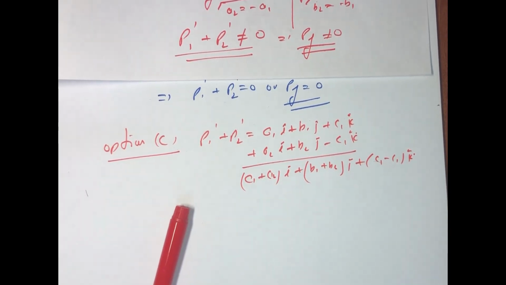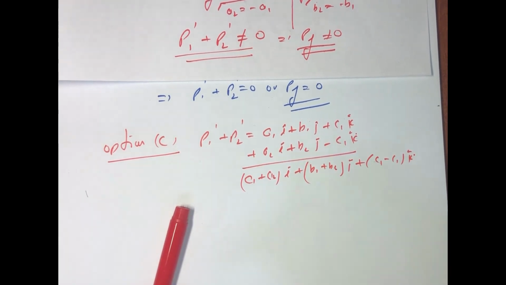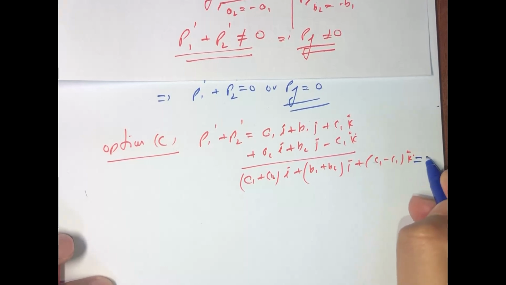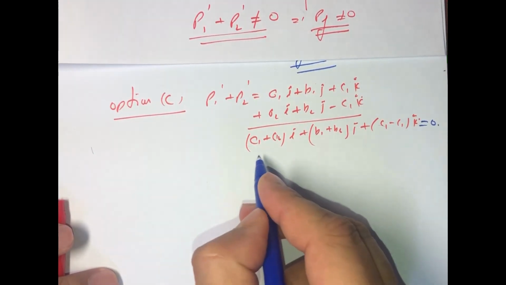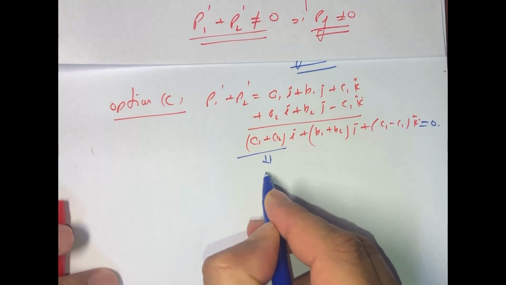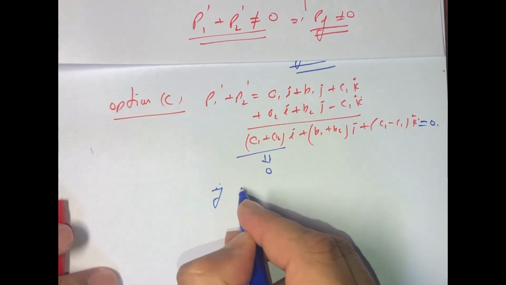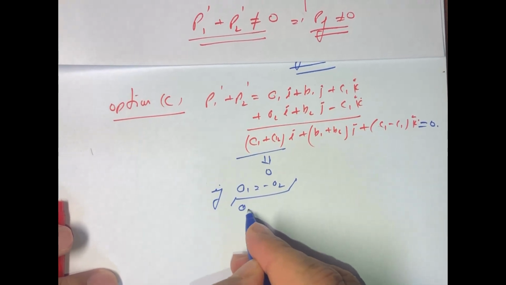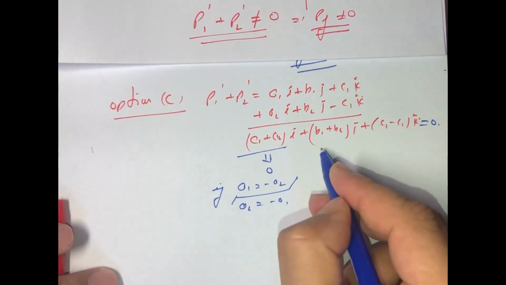From here also you can say that this can be equal to 0 under the condition that this term will be 0 if a1 is equal to minus of a2 or a2 is equal to minus of a1.